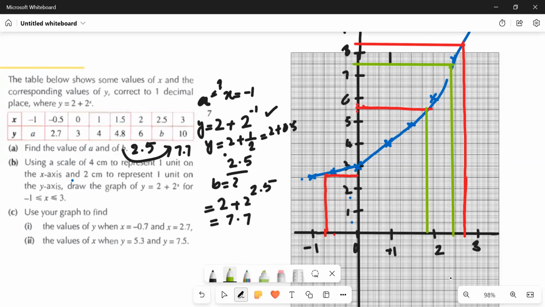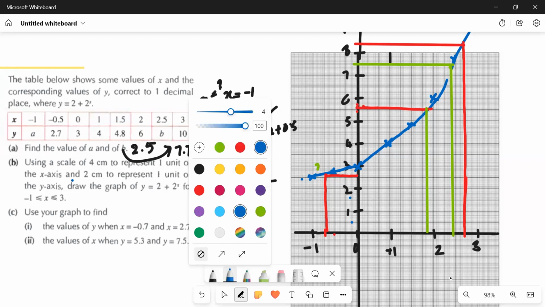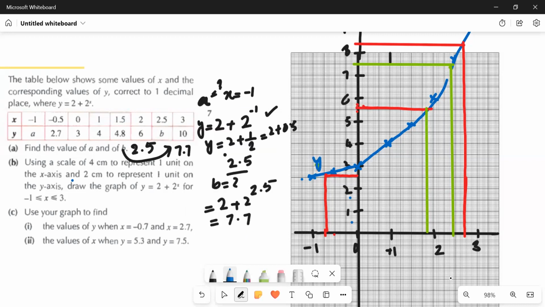Okay. So we have to write the points here. For the first one, when x is 0.7, y is 2.6.